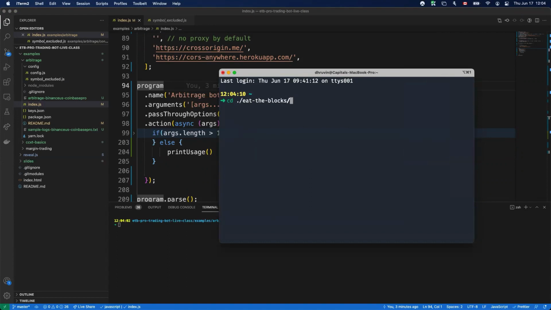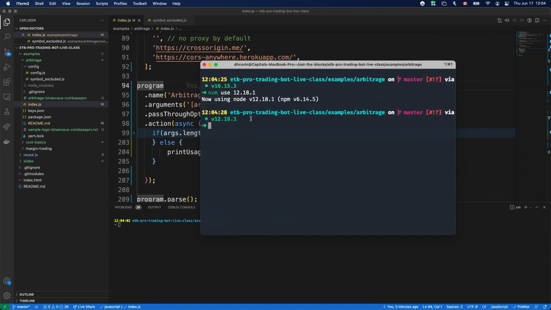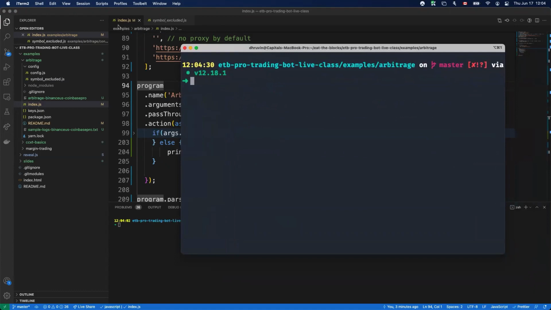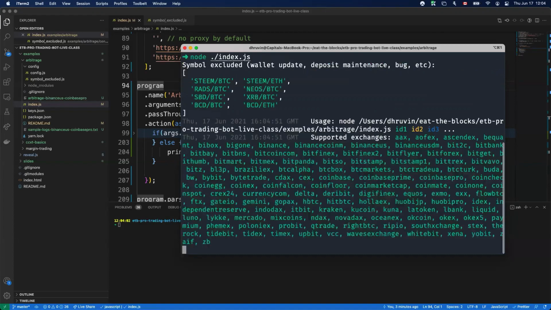Make sure you are using the latest version of Node if possible. All right, so I will be running the index.js in the project called arbitrage, okay? So let me simply run this.